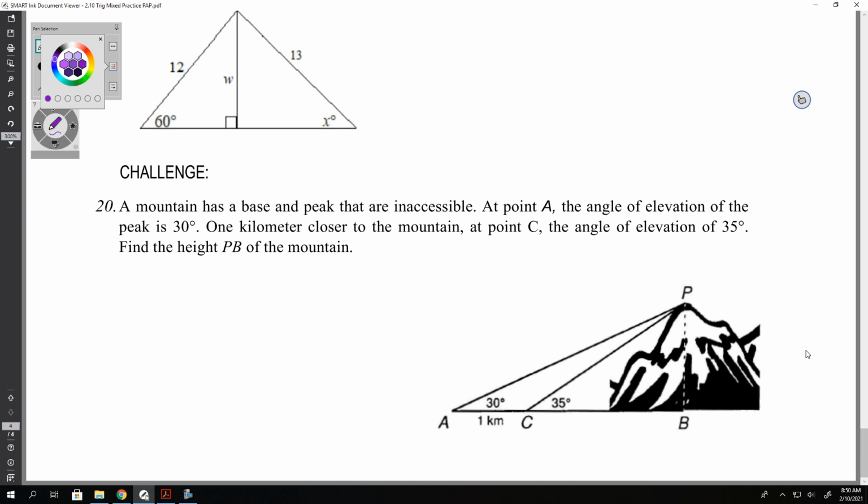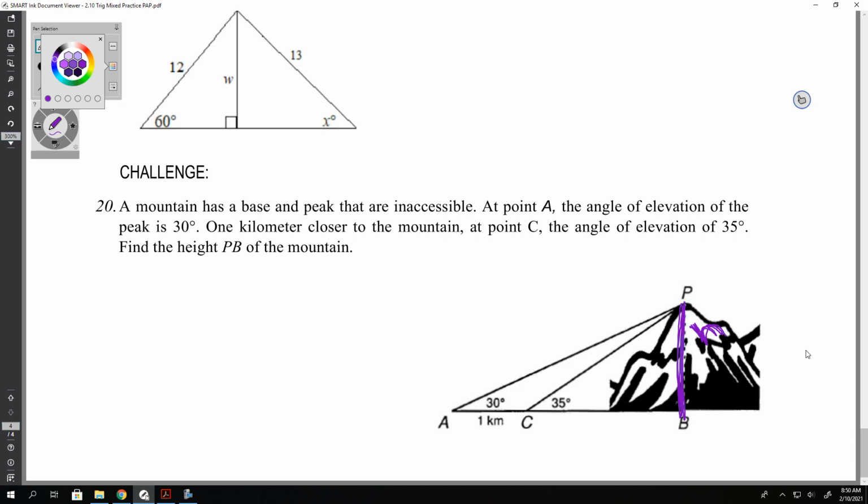At point A, the angle of elevation to the peak is 30 degrees. 1 kilometer closer to the mountain, at point C, the angle of elevation is 35 degrees. Find the height, PB, of the mountain. So we're needing to find out how tall this mountain is. I'm going to call it H, for height.